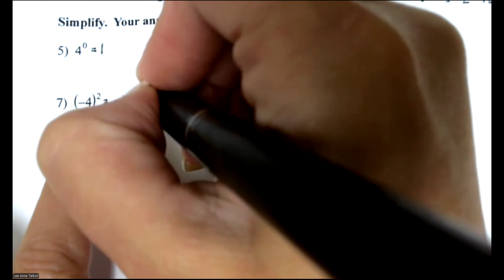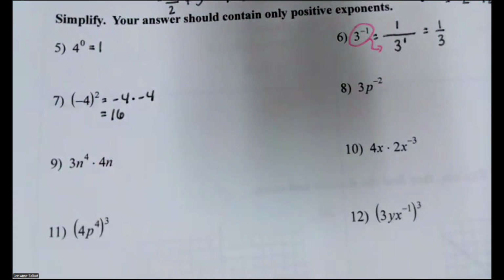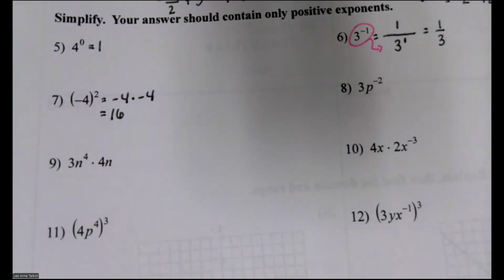Okay. This one is negative 4 times negative 4. And it's really important here that you see it's positive 16. If you enter that wrong in your calculator, it's going to say negative 16, but you have to know common sense wise that a negative times a negative is a positive.